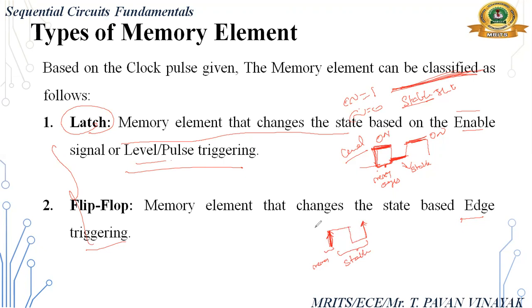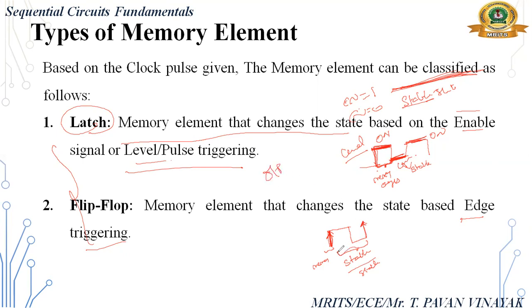So which one is fast? This one has less stable time, and this one has more stable time.